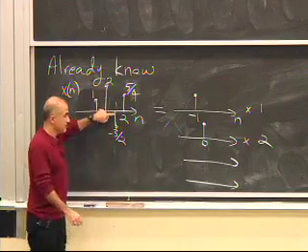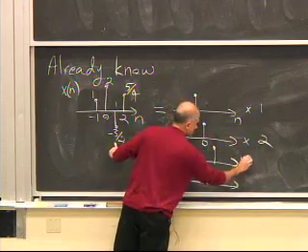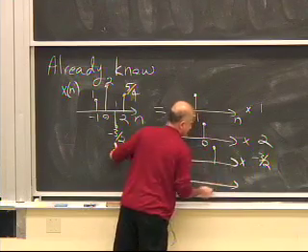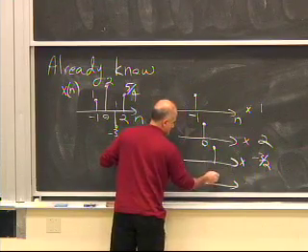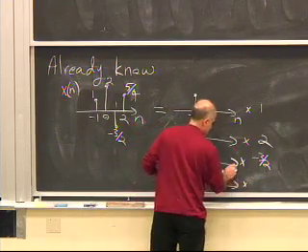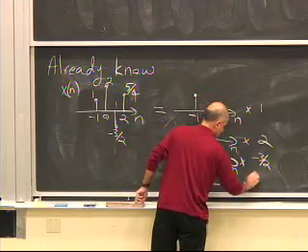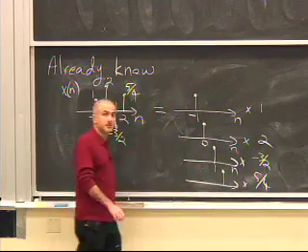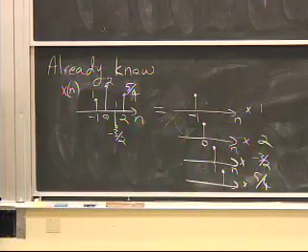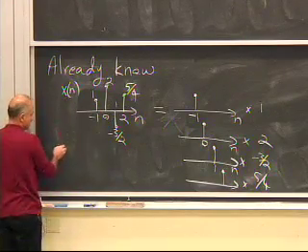This one will be at 1 times minus 3 halves. And this one will be at 2 times 5/4. Okay? So you already know how to decompose a signal into a linear combination of shifted impulses.